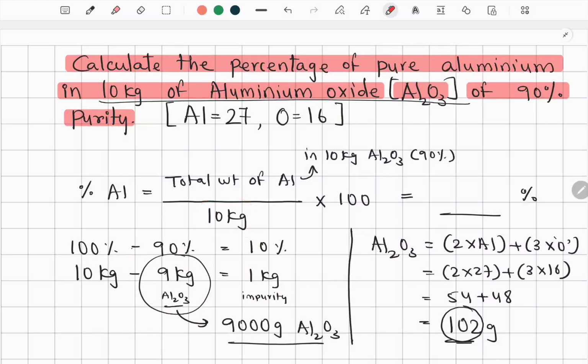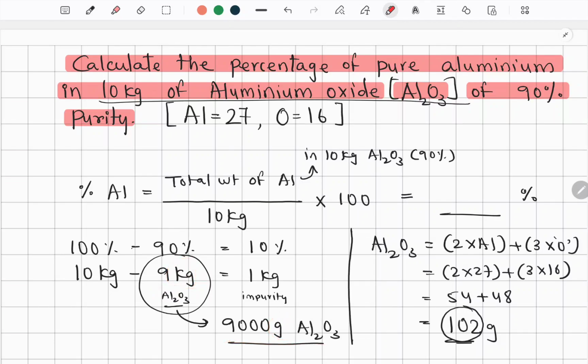But this 10 kg is only 90% pure, the rest 10% is impurity. So out of 10 kg of Al2O3, only 9 kg is my actual Al2O3 and 1 kg is impurity. Converting the units from kg to gram, 9 kg becomes 9000 grams of Al2O3.